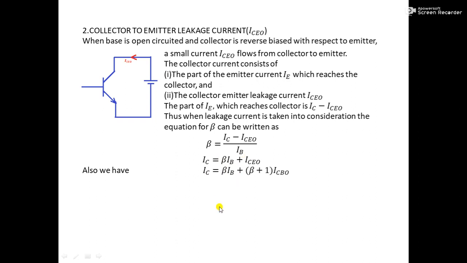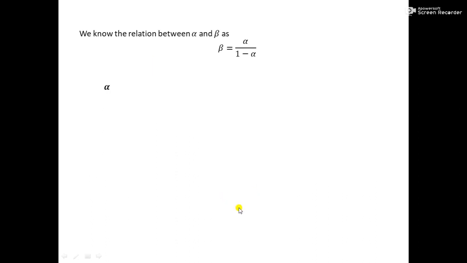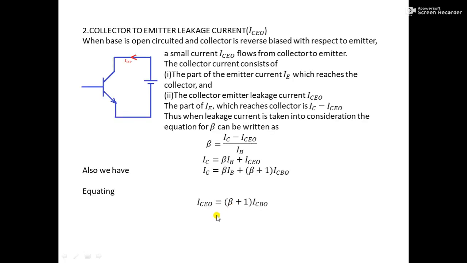So equating these two equations, we get ICEO is equal to ICBO multiplied by the factor (beta plus 1). This equation shows that the collector to emitter leakage current in common emitter connection is (beta plus 1) times larger than the leakage current in common base connection.